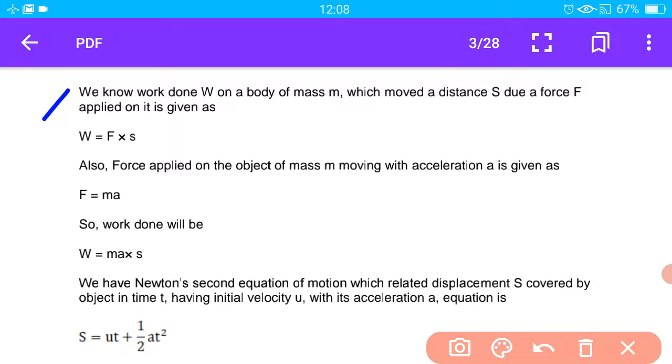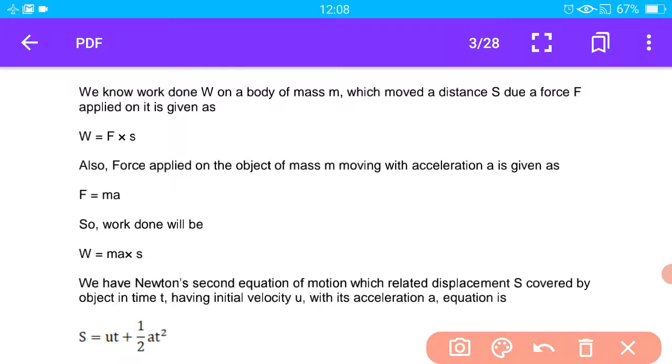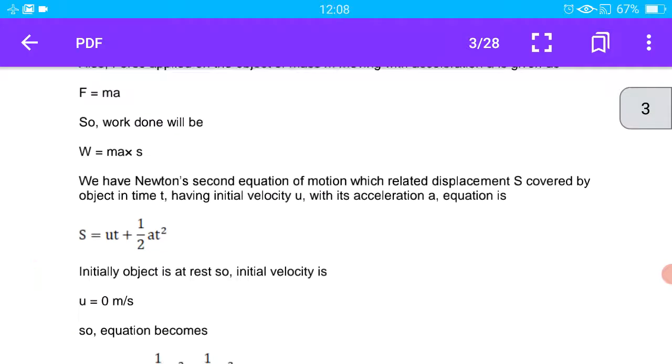We know work done W on a body of mass m which moved a distance s due to a force F applied on it is given as W equals F into s. Also, force applied on the object of mass m moving with acceleration a is given as F equals ma. So work done will be W equals ma into s.